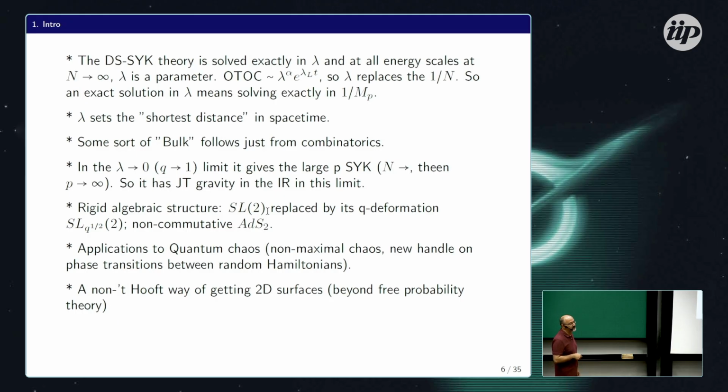The SL2 that governs JT gravity is replaced by this non-commutative quantum group. And what's a little bit bizarre, if you're doing gravity, is that space-time becomes a non-commutative AdS2. So then you have to start thinking about what that means exactly. What model can I write for a space with non-commutative coordinates?